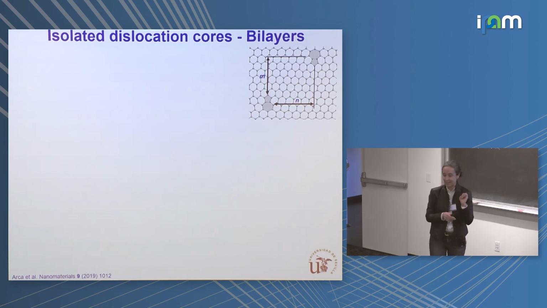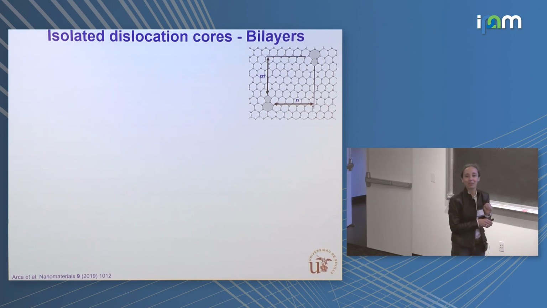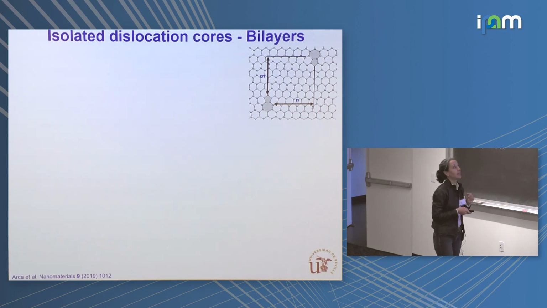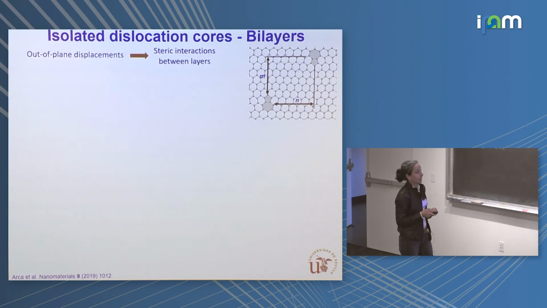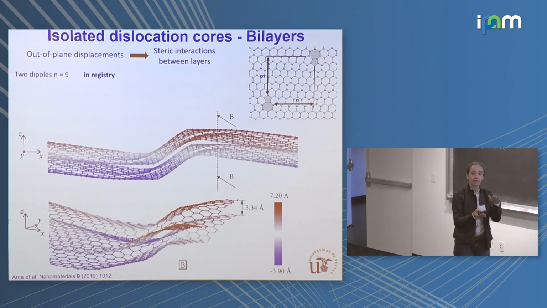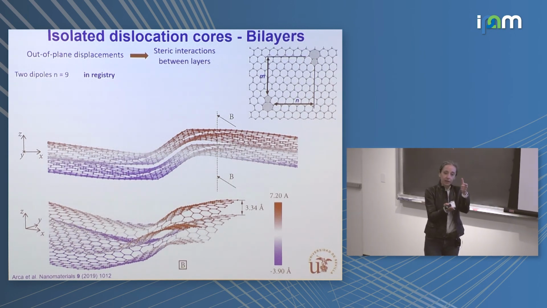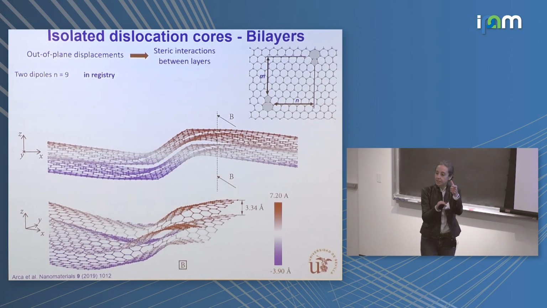Okay, so let me just take 2 more slides, or 3. Let me talk a little bit about bilayers, what we have observed. So, point defects, isolated dislocation cores. We have defined 2 layers, a dipole in one of them and a dipole in the other one.